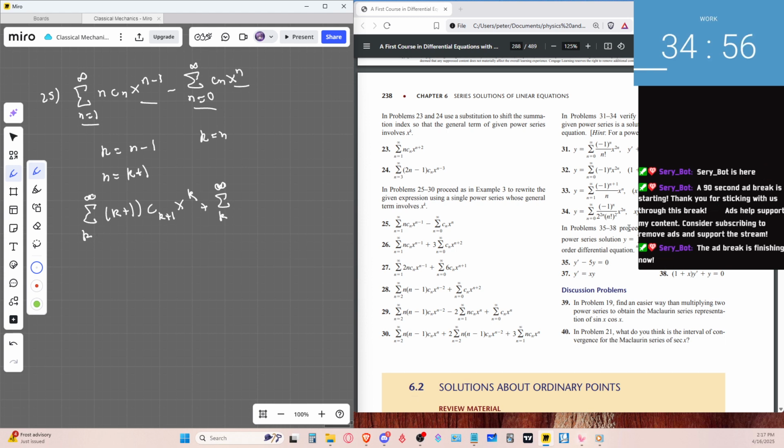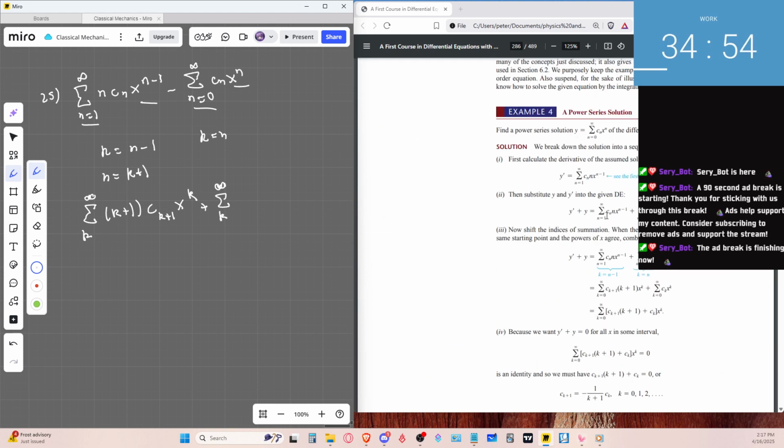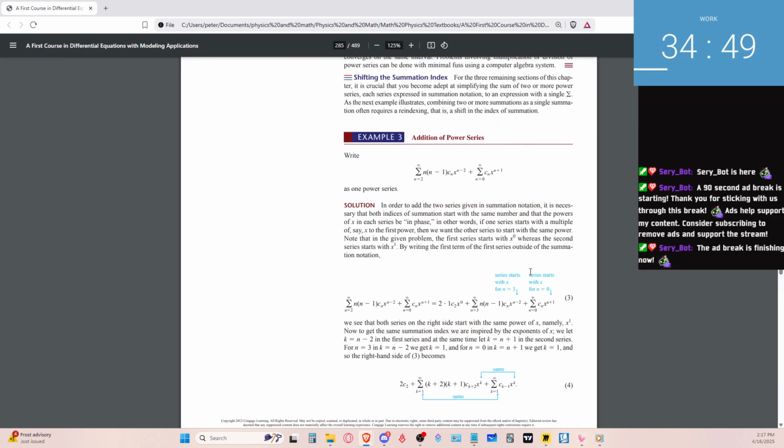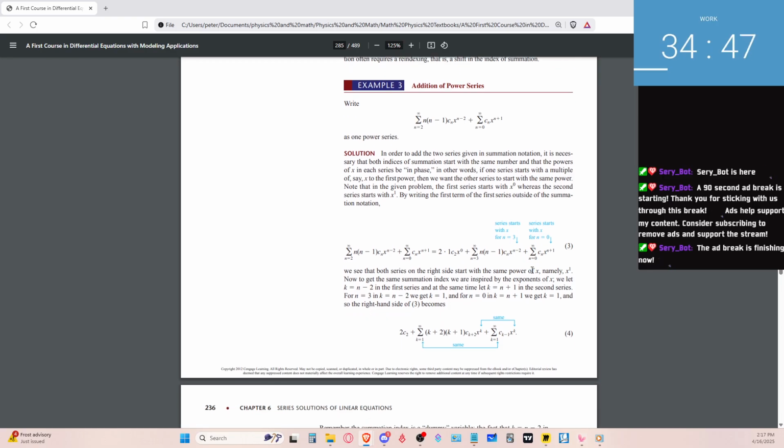What am I missing? What I'm missing is that I'm not sure how to interpret the k parameter in this. Because I think it should be k equals 0, right? For both sides.